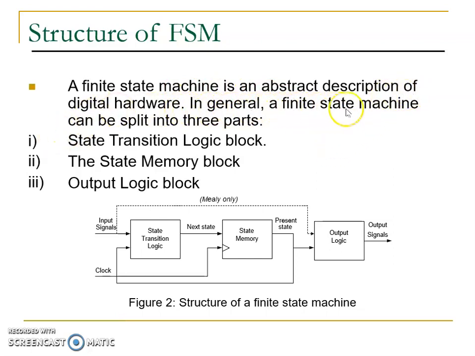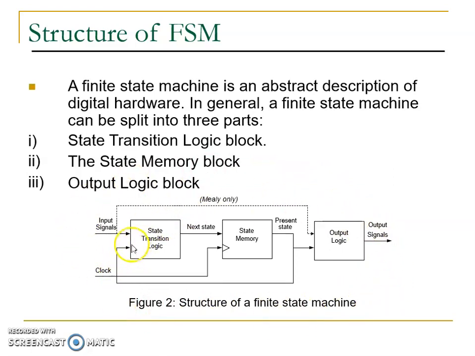In general, a finite state machine can be split into three parts. For FSM, they have three main parts. First is the transition logic block, the state memory block, and the output logic block. So this is the structure of FSM.